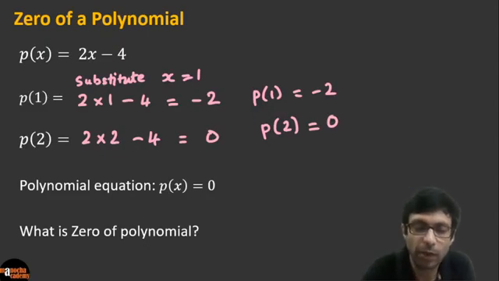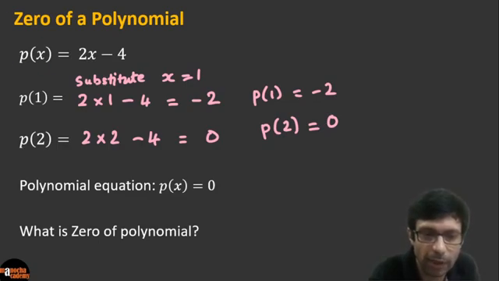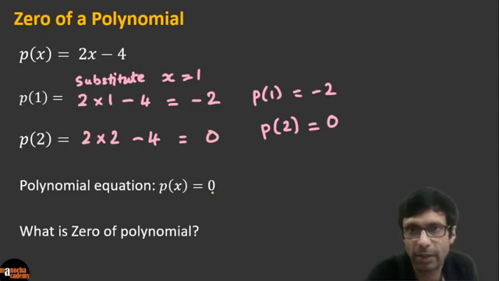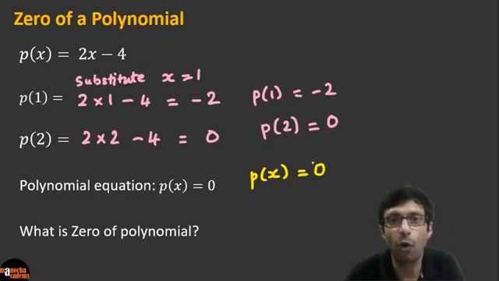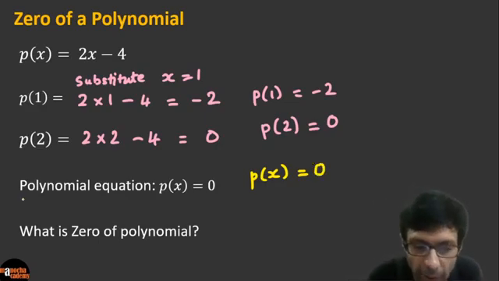Now if we take this polynomial p(x), or any polynomial, and we equate it to 0, guys, carefully follow me here. If we take the polynomial p(x) and set that equal to 0, we are basically forming a polynomial equation, right?